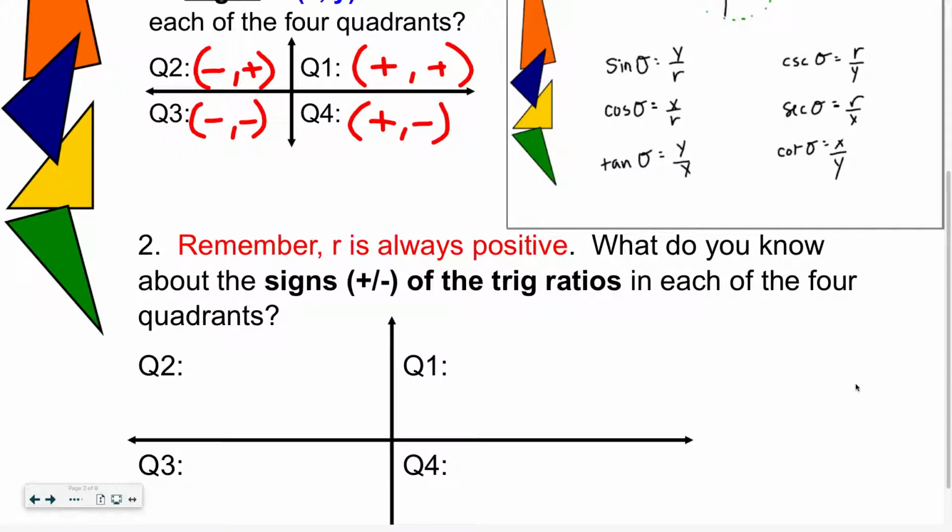Quadrant 4, it's going to be the opposite of quadrant 2. Wait, x is not positive. Cosine will be positive with sine.